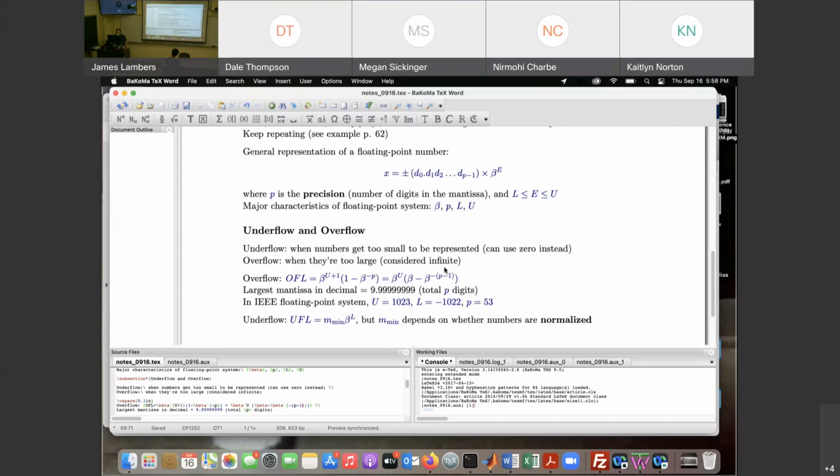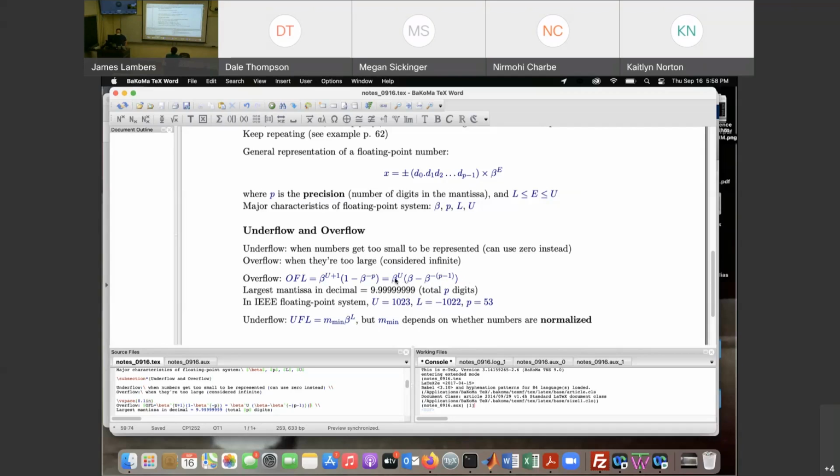And then you multiply that by your base raised to the highest allowed exponent. Here I've just rewritten the same expression, but this is easier to understand where it comes from. So in decimal, the largest possible mantissa would be 9.9999, however many digits I would have, a total of p digits. And then I multiply that by 10 to the largest allowed exponent.